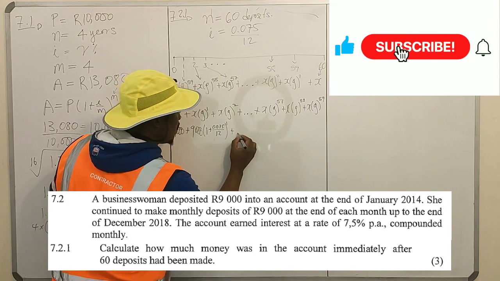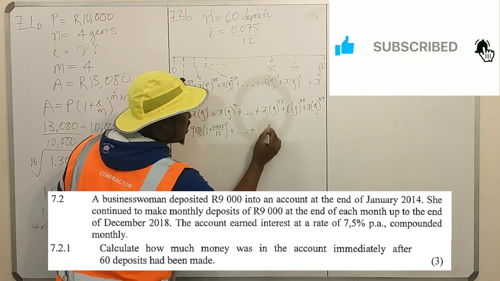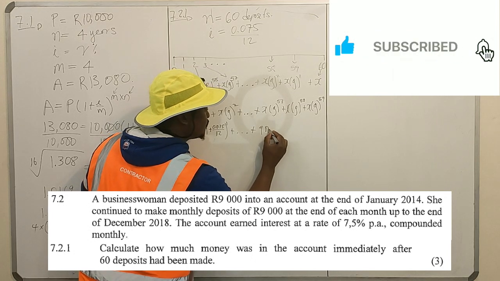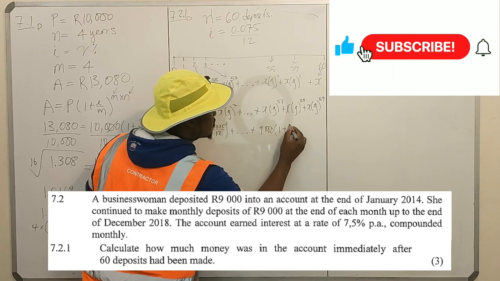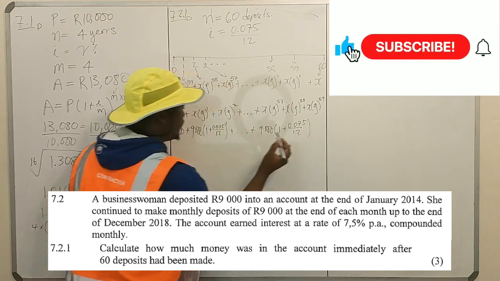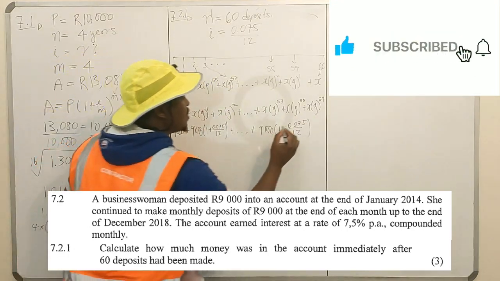So this continues up until the last one, which is 9,000 into 1 plus 0.075 over 12, raised to 59.